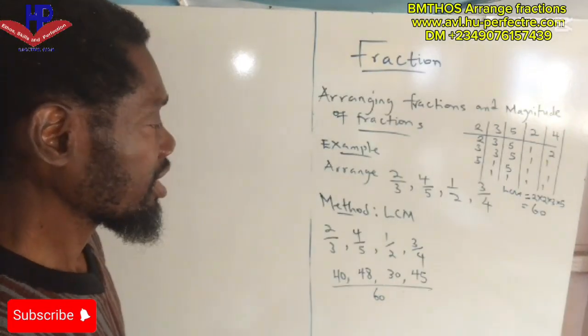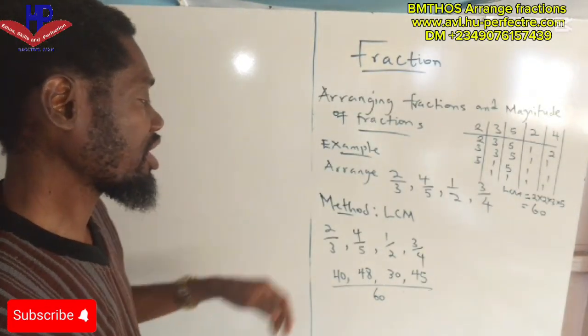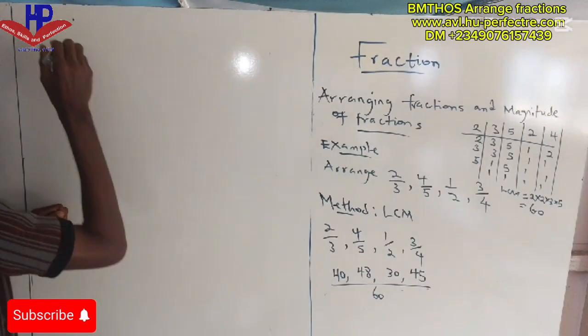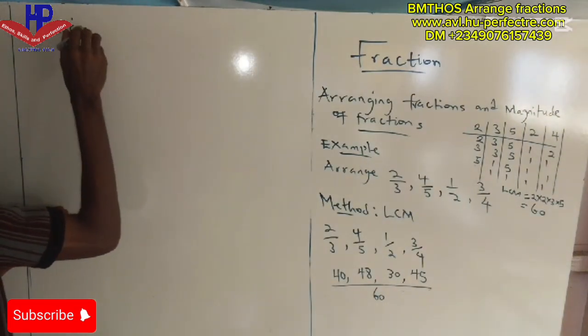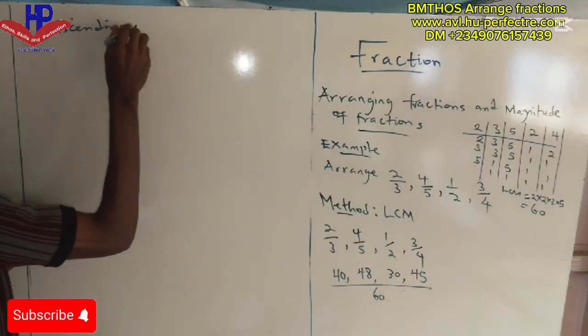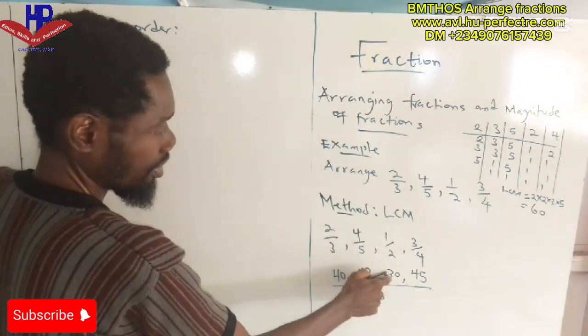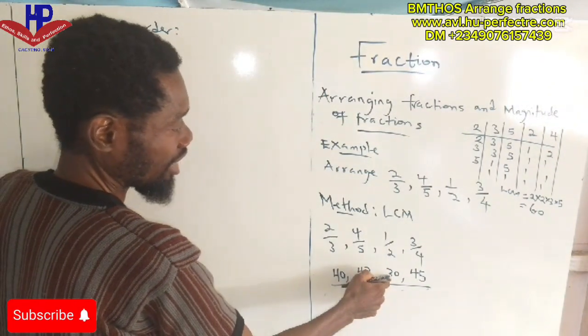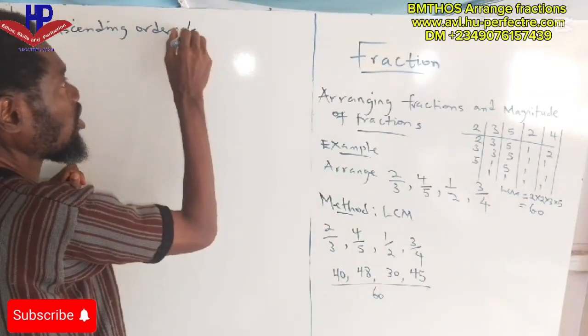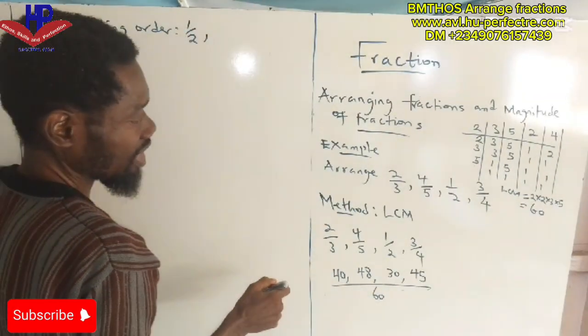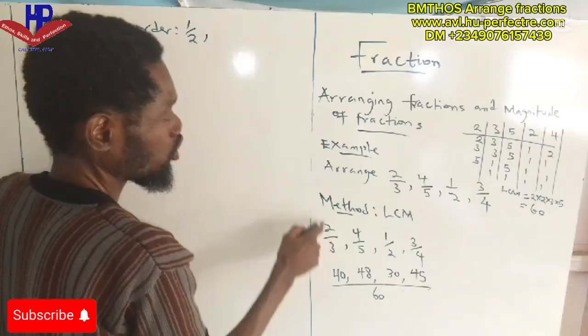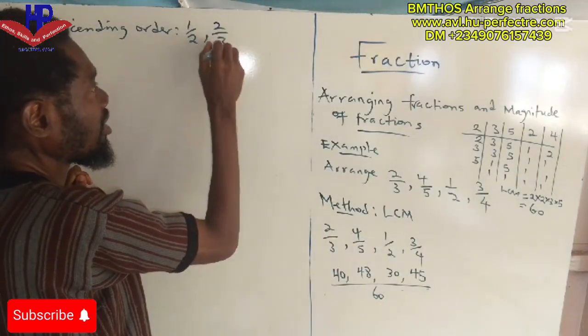Now if I want to arrange them in ascending order, starting from the smallest number, we have 30, and that fraction is 1 over 2, so 1 over 2 will come first. After 30 is 40, so 2 over 3 will come next.